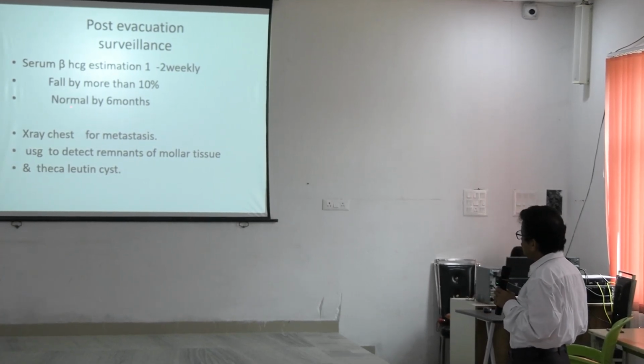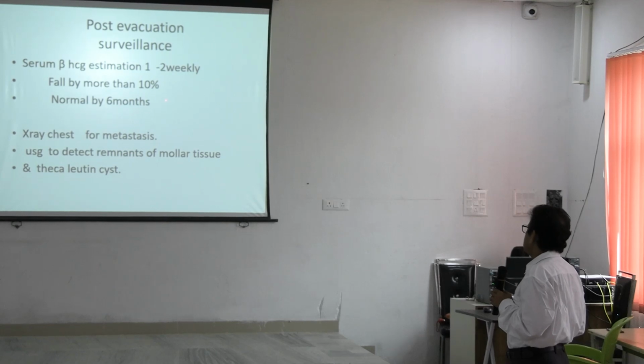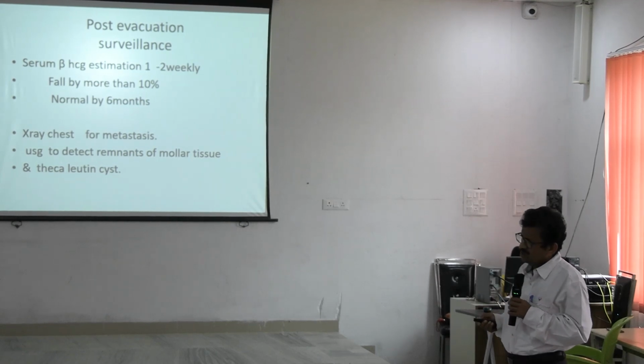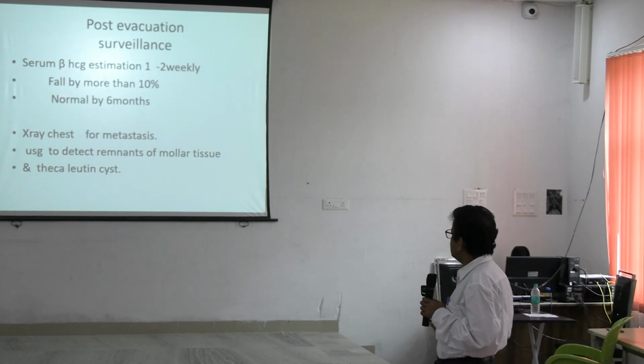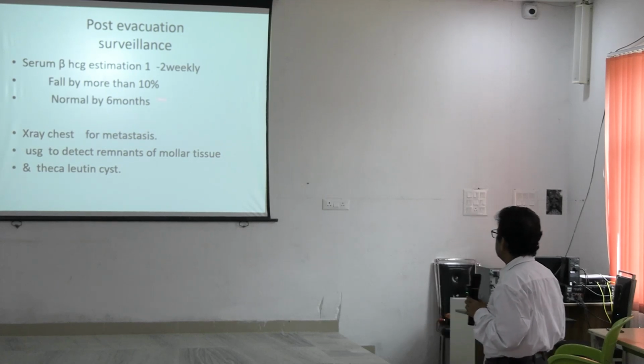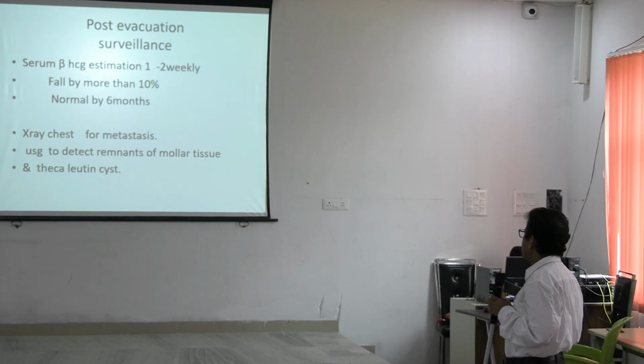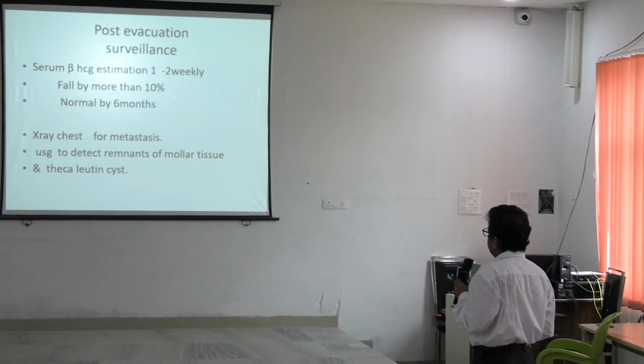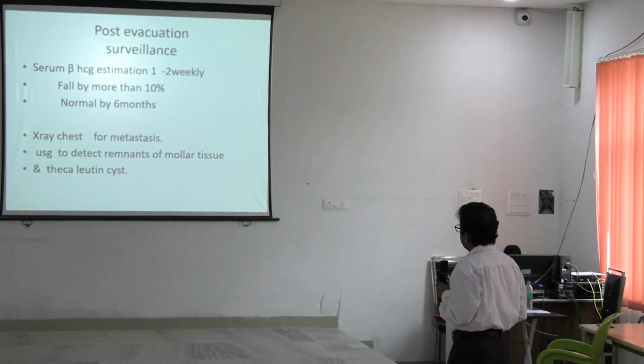It is usually normal by 6 months, usually by 12 to 14 weeks is the usual time for normalization of beta hCG. You cannot say that without serial estimation, so beta hCG estimation is to be done at 1 to 2 weekly intervals. So normal by 6 months.